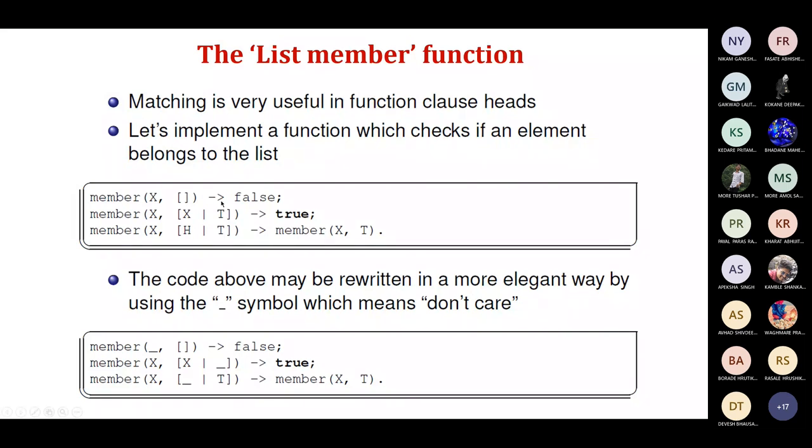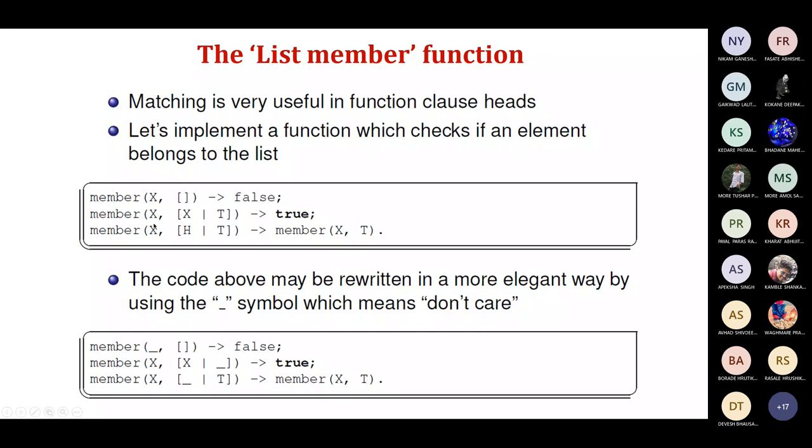The first clause is very straightforward. With member, you are checking whether X is a member of this list, but if the list is empty, it's going to return false. Then member X, if X is found at the head, and the tail is the remaining elements separated out here, then you're going to return true.